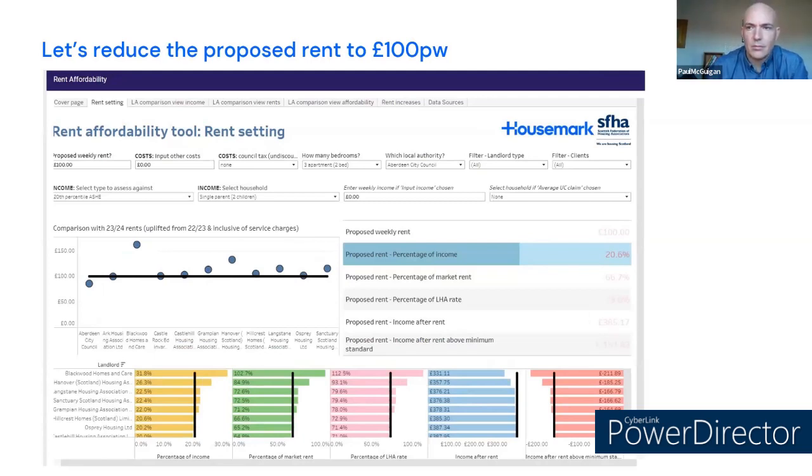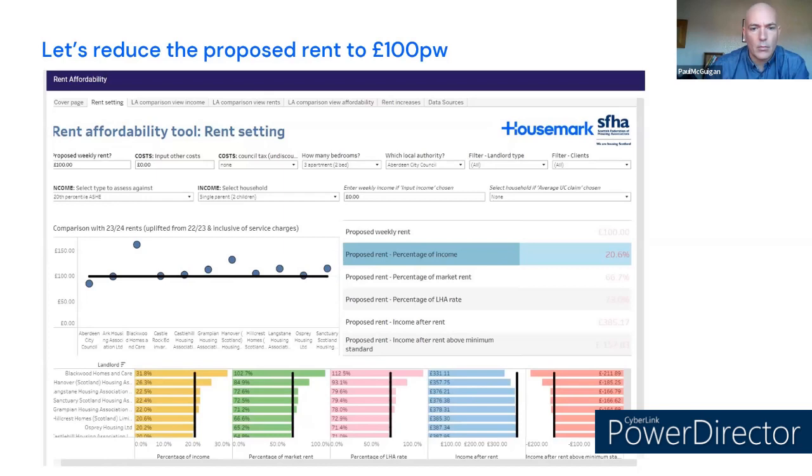I should just have highlighted as well the box that says on the right hand side, select household if average EC claim has been chosen. So in the income box where I've chosen the 20th percentile ASH, if you drop down that menu and select average EC claim, then in the 4th box along there, you would then choose what household type it is, so you can look at the average EC claim for that household type.